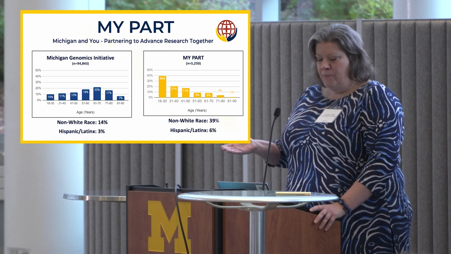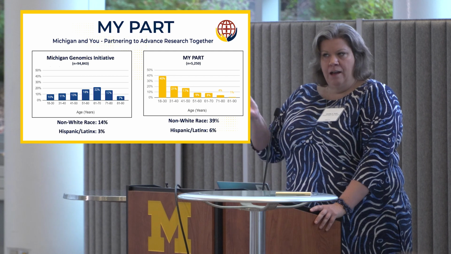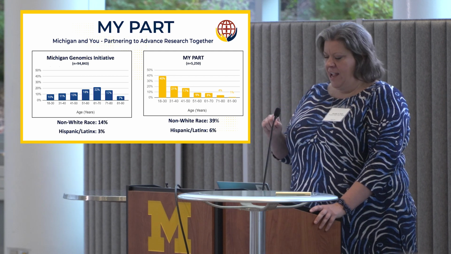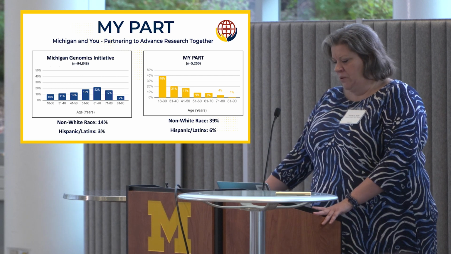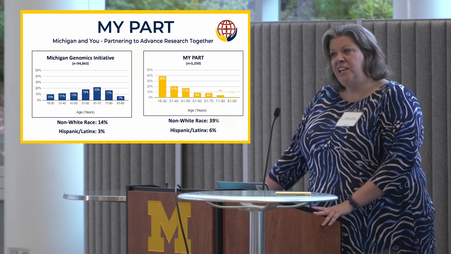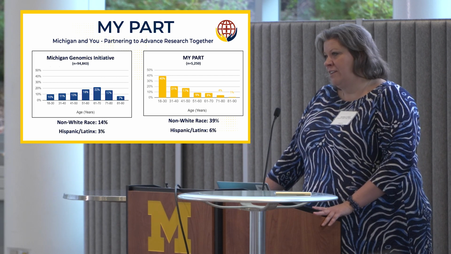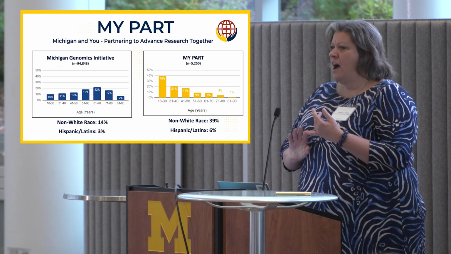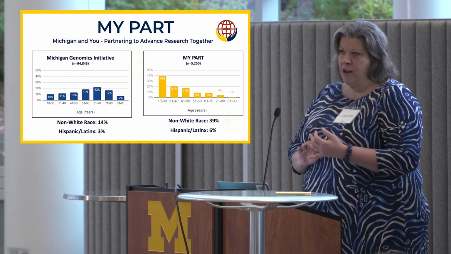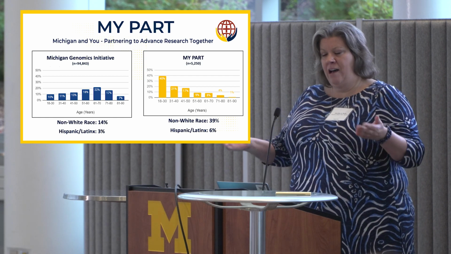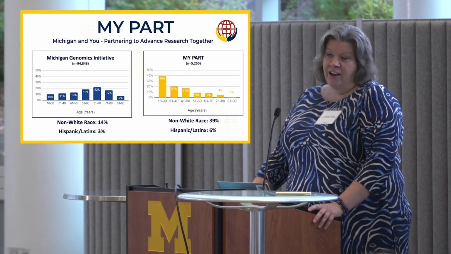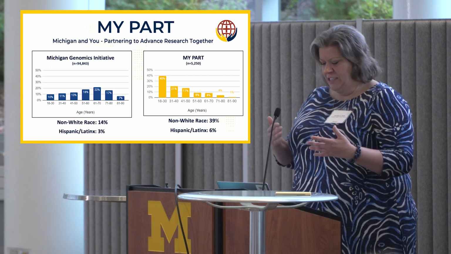But through the MyPart study, that is in yellow on the right-hand side, we've been enrolling mostly younger participants between the ages of about 18 and 50. And almost 40% of our participants are self-reported African American, Asian, Native American, multiracial, and we also have a higher proportion of Latinos. So we think we've been able to boost the diversity of MGI this way.